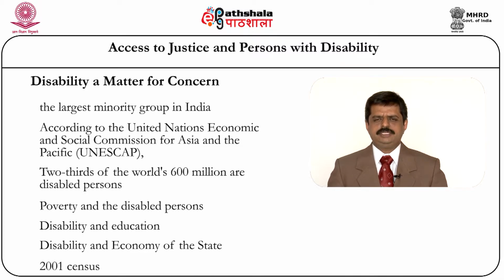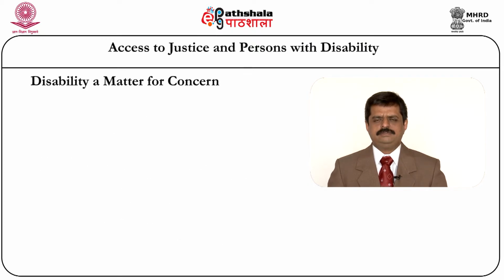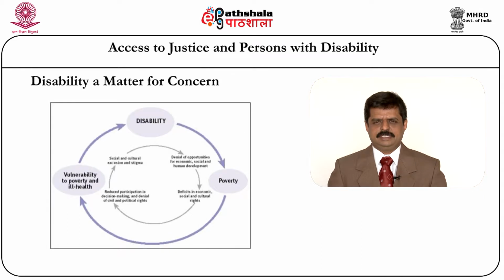Now, disability and poverty are correlated. This poverty and disability is a vicious cycle, which is explained on this slide, where a disabled person suffers from poverty, and poverty leads to ill health and malnutrition, and further this ill health and malnutrition leads to disability.